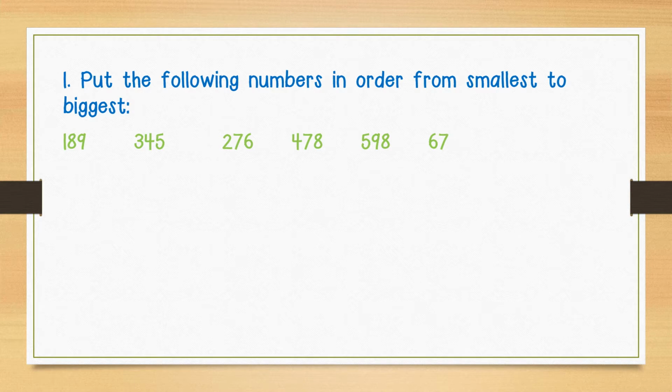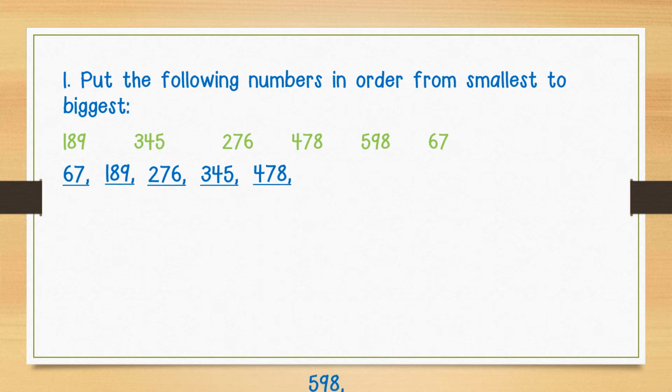Yes, 67. So that means we are going to be counting forwards and we are going to see which number comes next. 189, 276, 345, 478, and our last number will be 598.